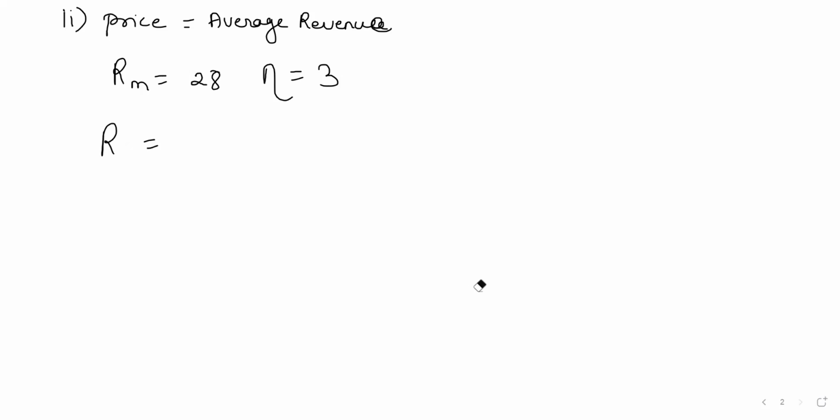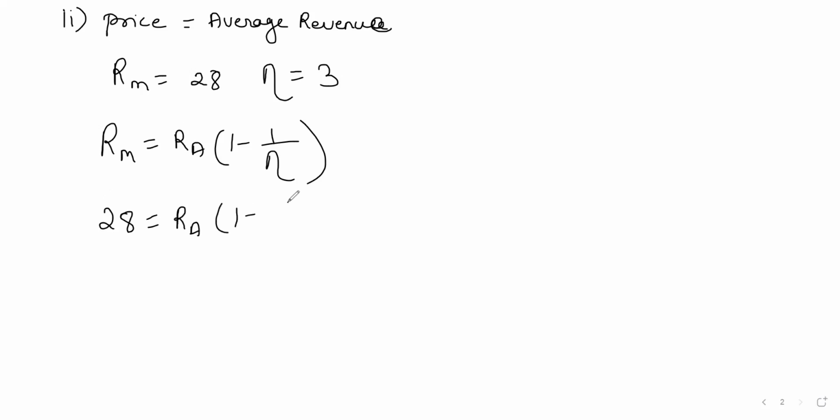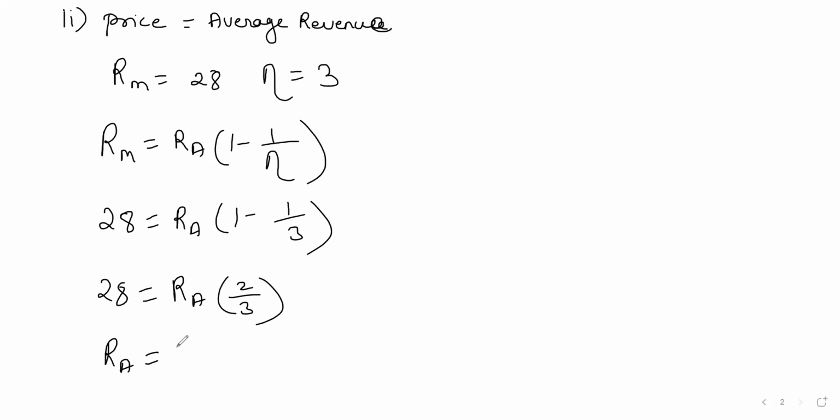Marginal revenue is average revenue times (1 minus 1 upon elasticity). So 28 is equal to AR times (1 minus 1 by 3). Average revenue is 28 into 3 by 2. Average revenue is equal to price.